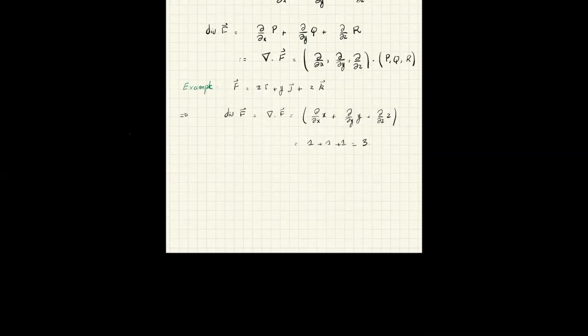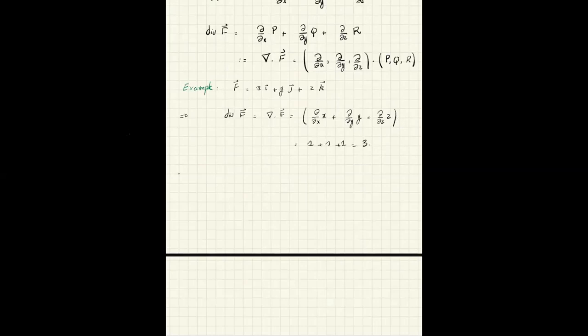So the curl, okay? When P, Q, R have continuous second order partial derivatives, we get the divergence of the curl of F is equal to, well, what is this?